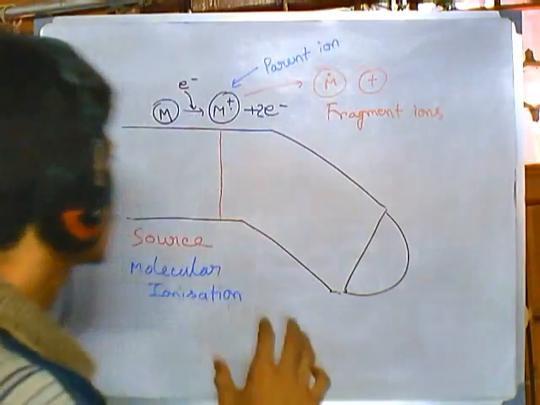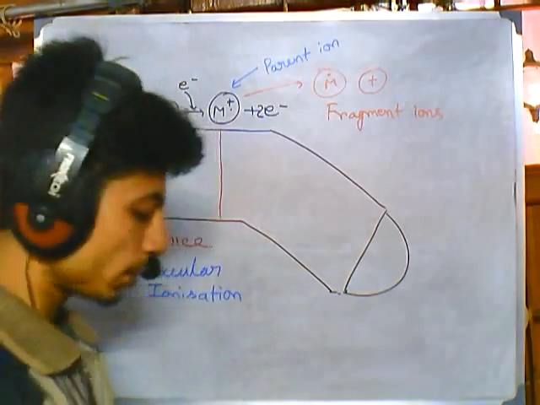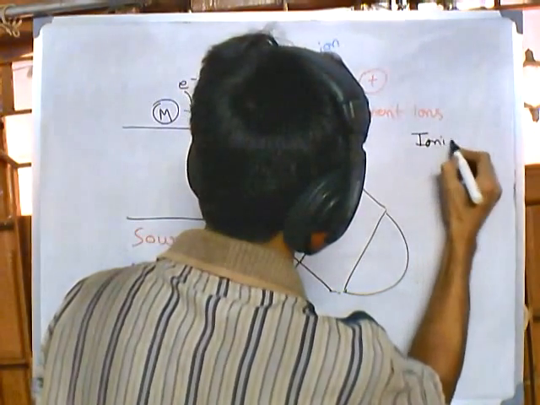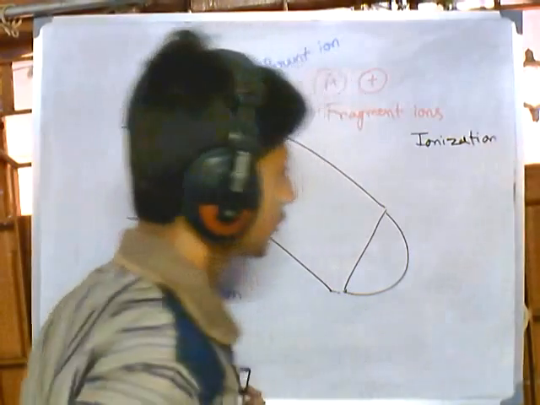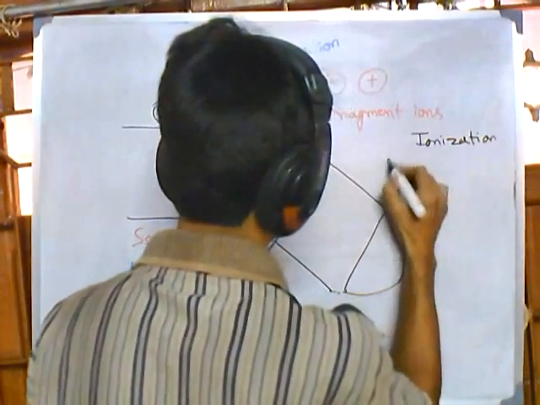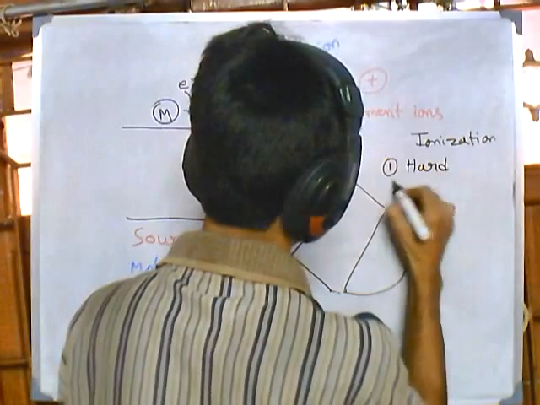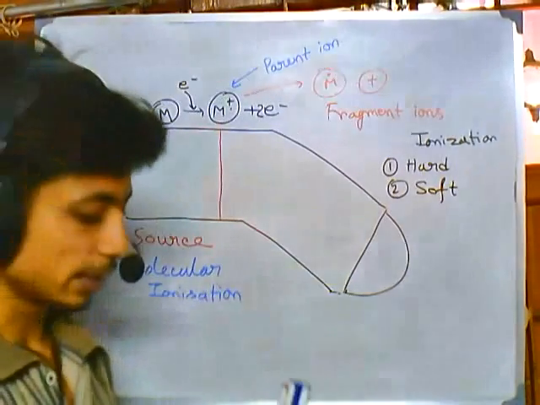Now the ionization which is required for the mass spec is of two different types. Okay, so let's consider the ionization in mass spec is of two different types. One is hard ionization, another one is soft ionization. There are two types of ionization.